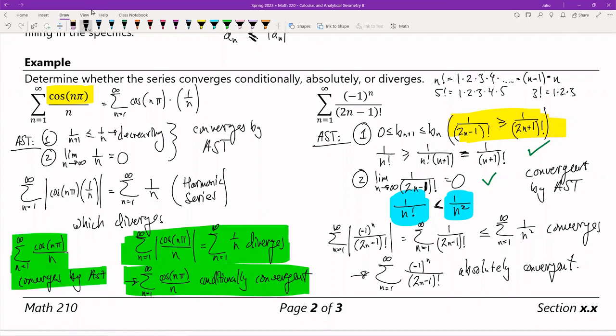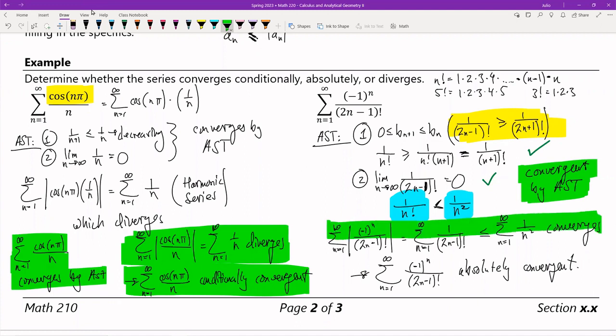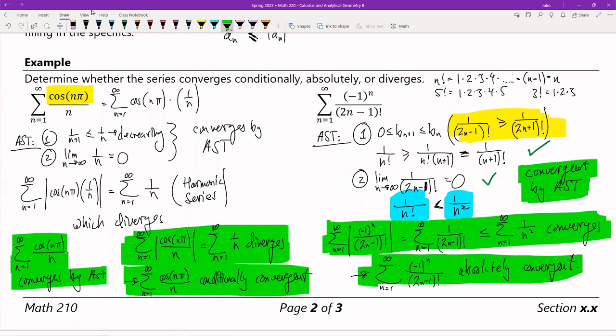It is absolutely convergent, because the alternating one is convergent by the alternating series test, and the absolute value one is also convergent. Since both are convergent, we have something that is absolutely convergent. We are done.